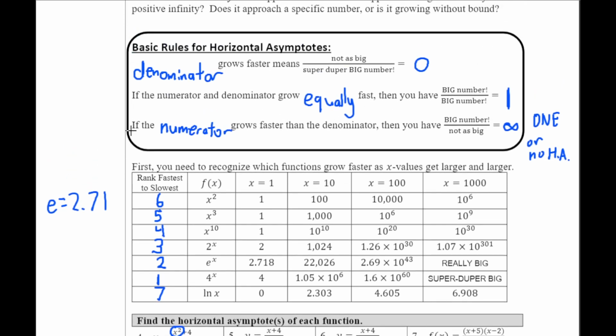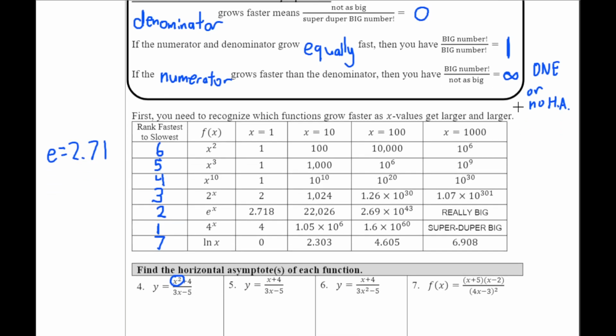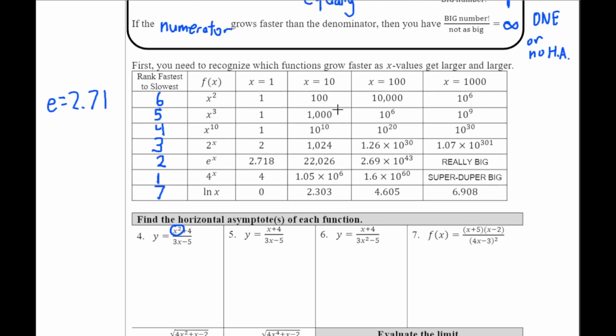So that's the numerator growing faster than the denominator. So we have a big number over a not so big number. We can say no horizontal asymptote because it's technically infinity, but we do not count that as a horizontal asymptote.